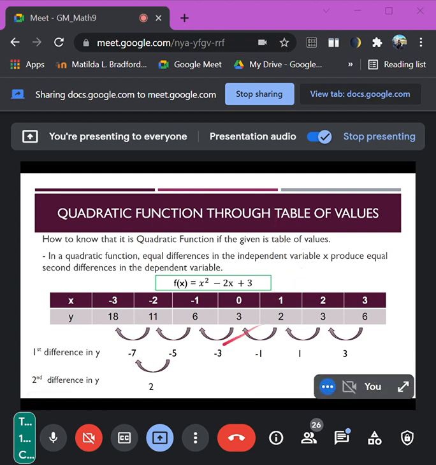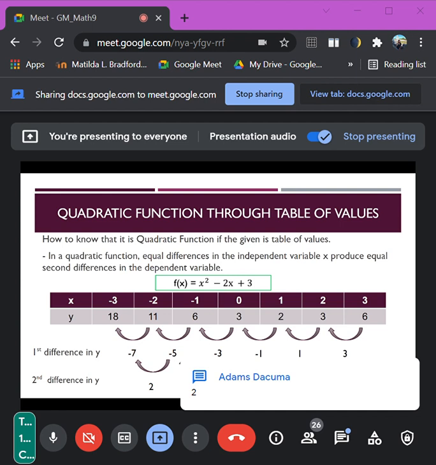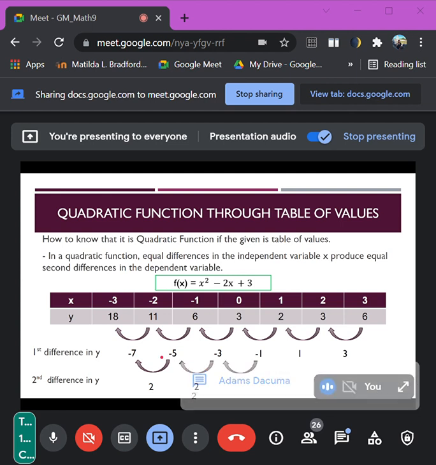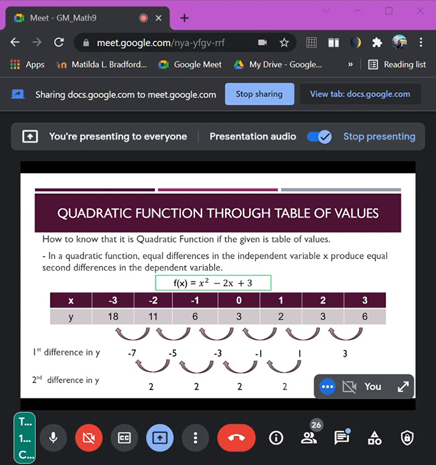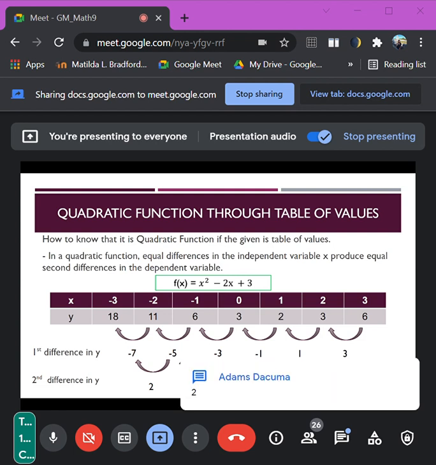How about negative 3 minus negative 5? 2 again. And the next one, negative 1 minus negative 3, 2 again. 1 minus negative 1, 2 again. How about 3 minus 1? 2 again. As you can see, their second differences are equal already.